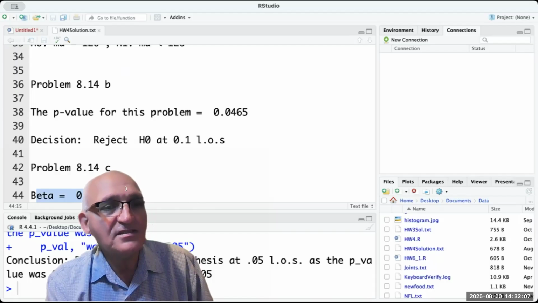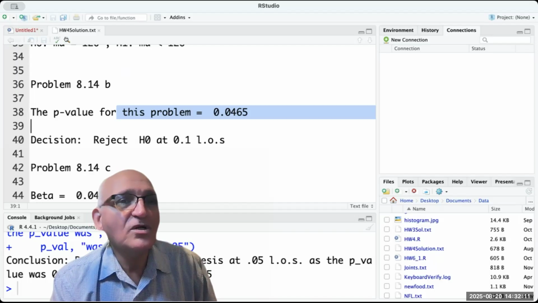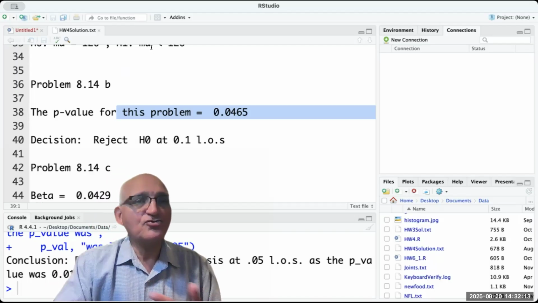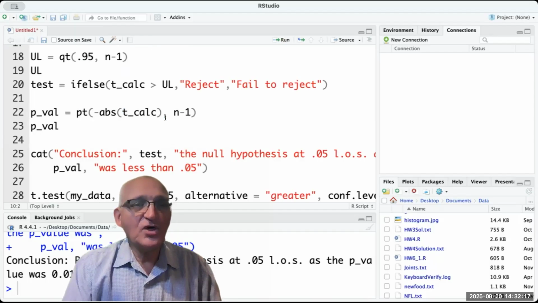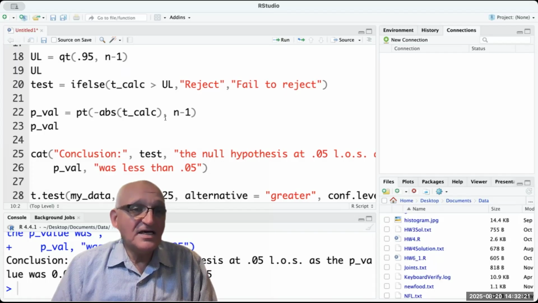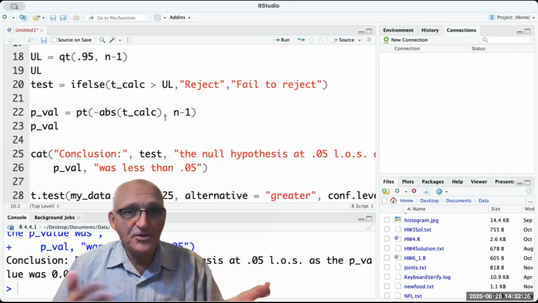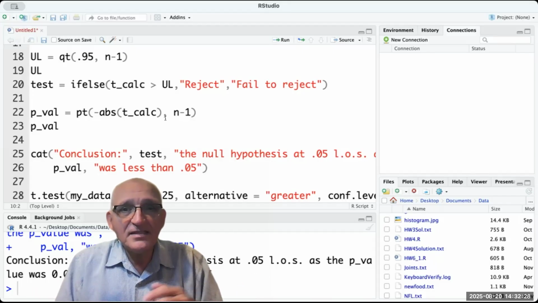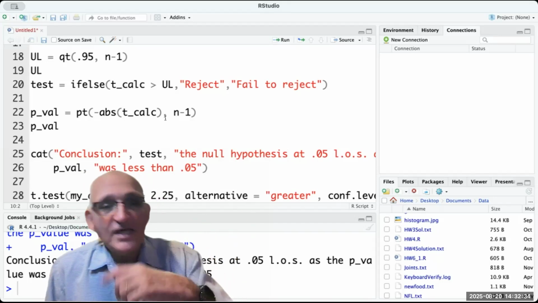Here I calculated beta. Here I got the p-value. So you don't need to show the whole thing. And we'll learn how to write to files later. But at least for now, I want you to understand how we created our t-test. We can also create our own confidence level, either upper or lower.